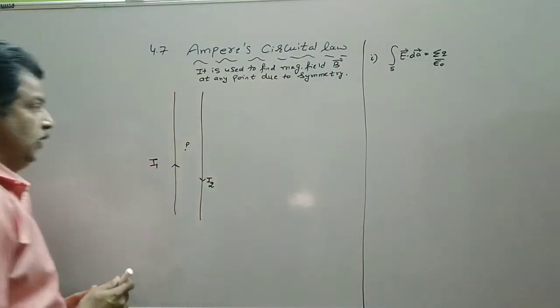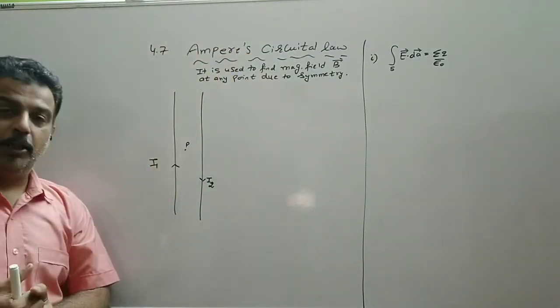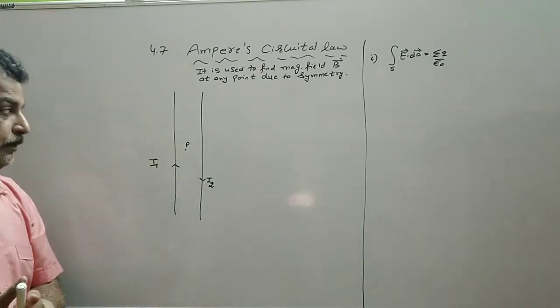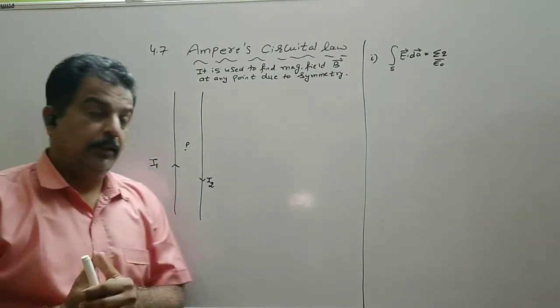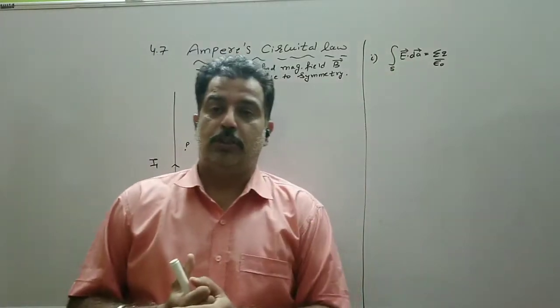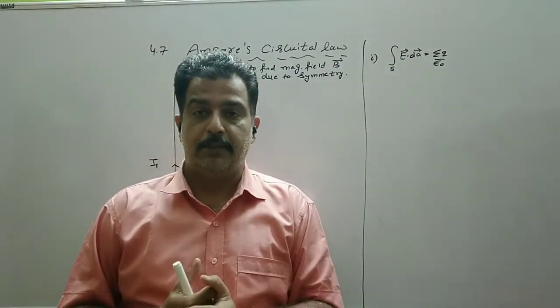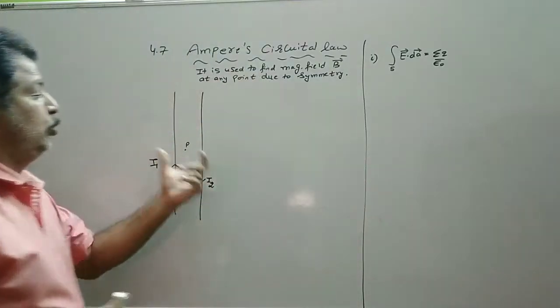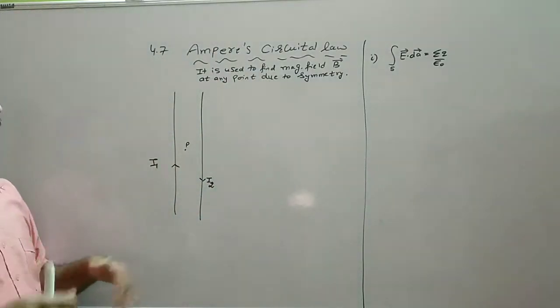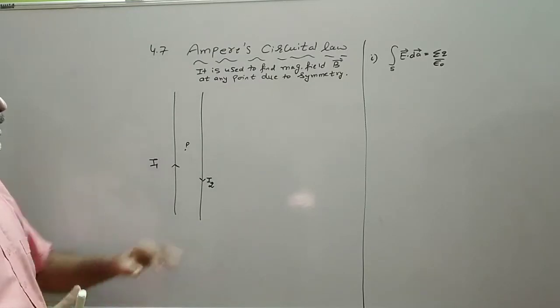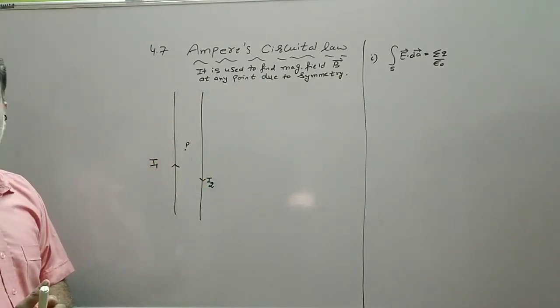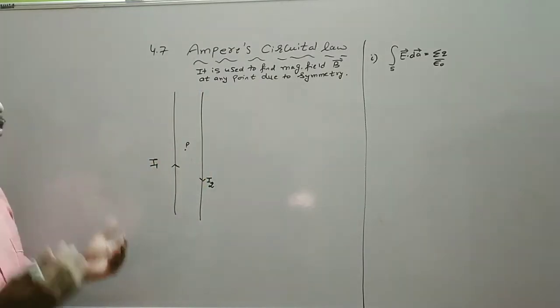However, how the Ampere Circuital Law can be used in such situation? So the first thing, when we apply the Gauss law, we assume an imaginary Gaussian surface. Here we have to assume an imaginary Amperian loop. You have to consider an Amperian loop.